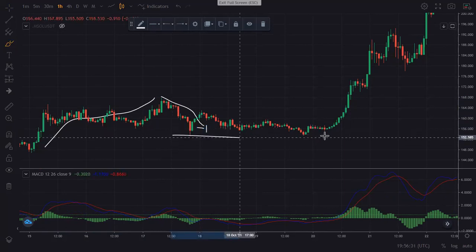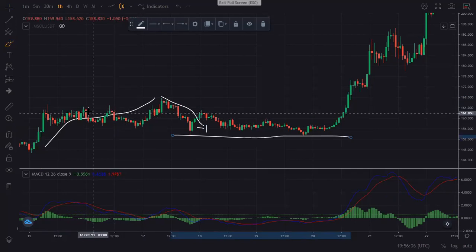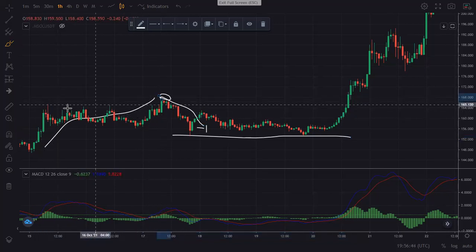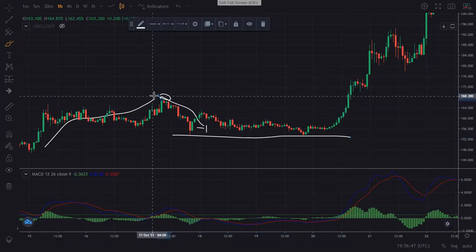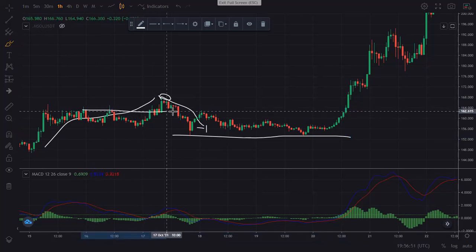And then here we have a ranging market. So how do you identify the breakout? What you have to do is follow the last, not this highest one, the next low of this highest one, which is this. Just follow the straight line.